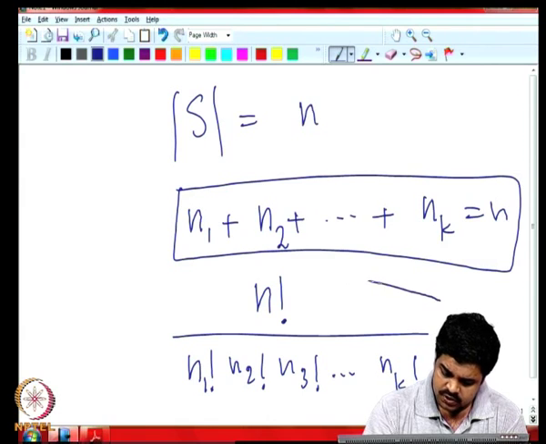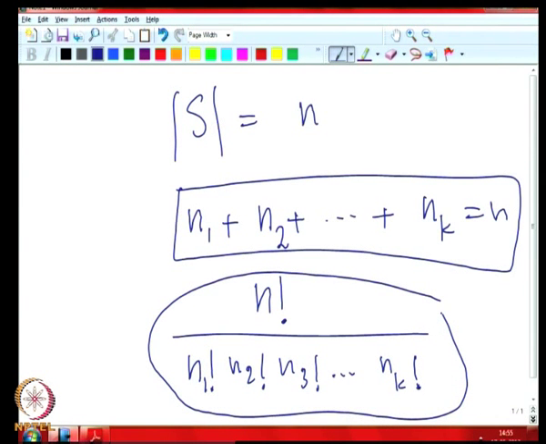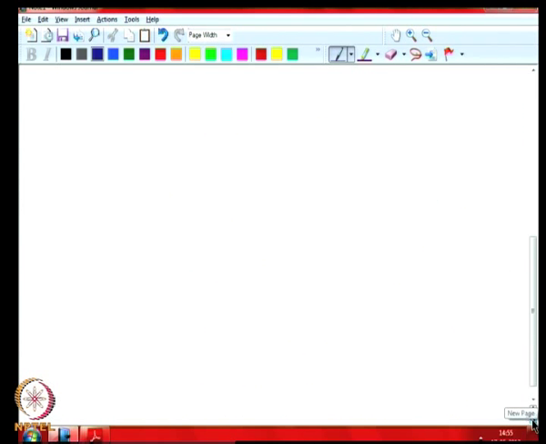Now, this coefficient has also got another name. It is called the multinomial coefficient, this ratio. How does this name come? Suppose k equal to 2, there are only 2 types of things.